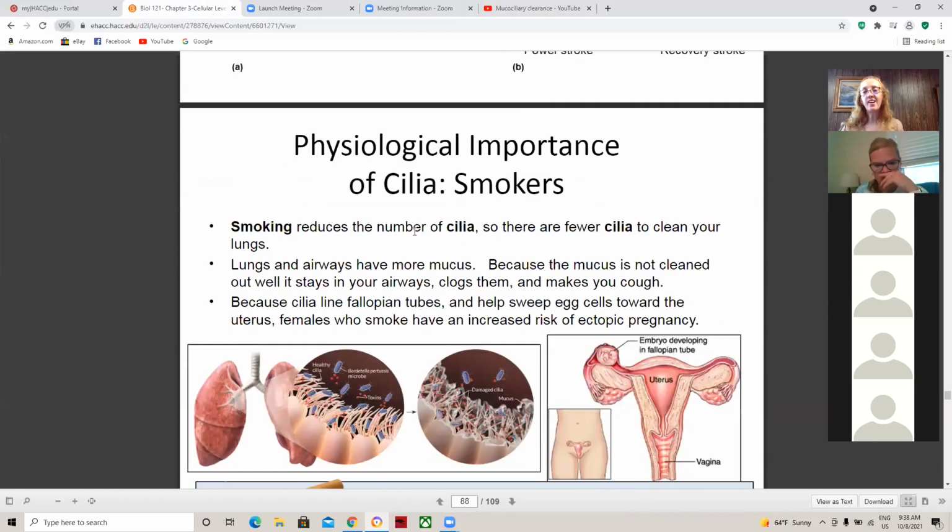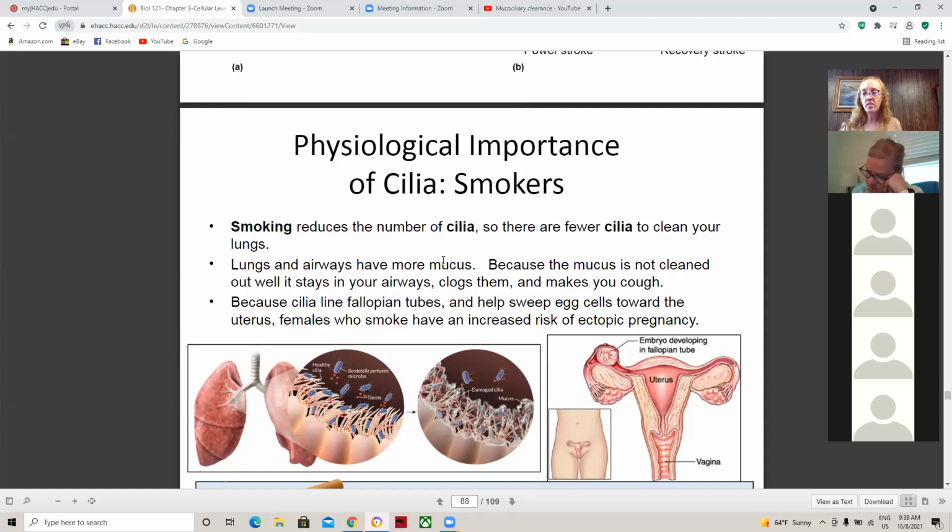Why does this matter? If you've ever heard the smoker's cough, I think everyone's heard it at some point. Smoking reduces the number of cilia. So there's fewer cilia to clean the lungs.